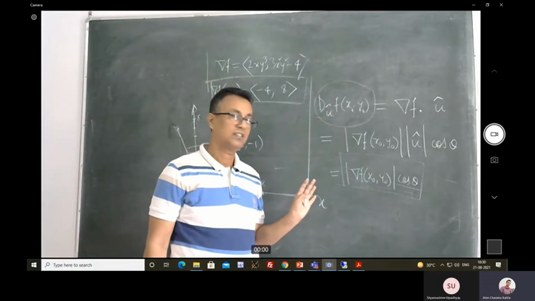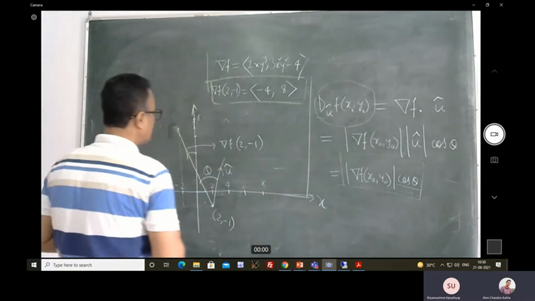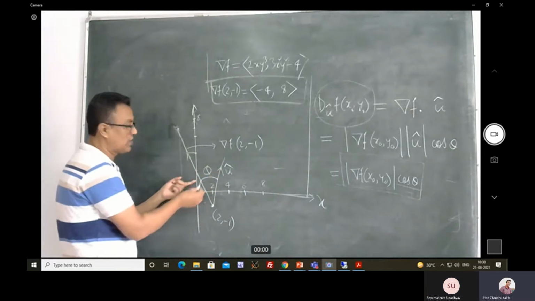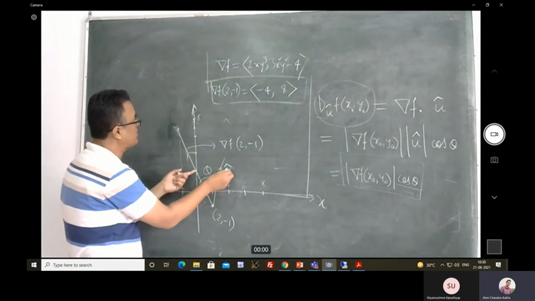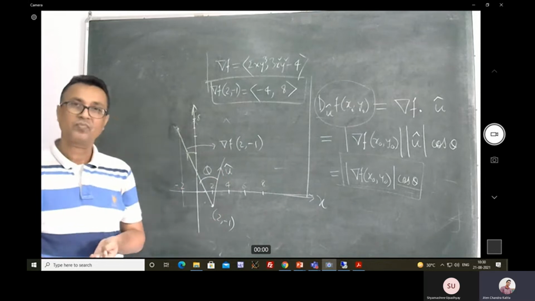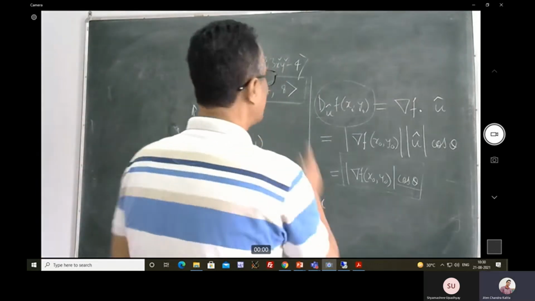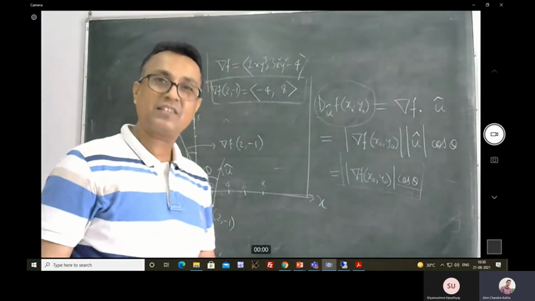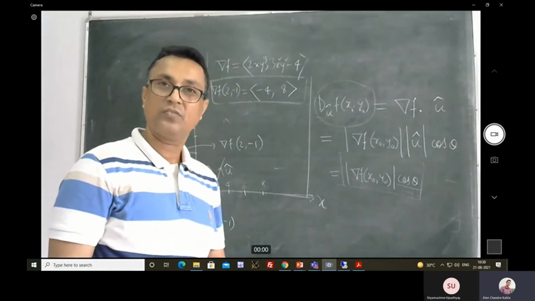Is it clear? That means if theta equals 0, the direction of u cap and the gradient must be the same. That means the directional derivative is maximum in the direction of the gradient vector.